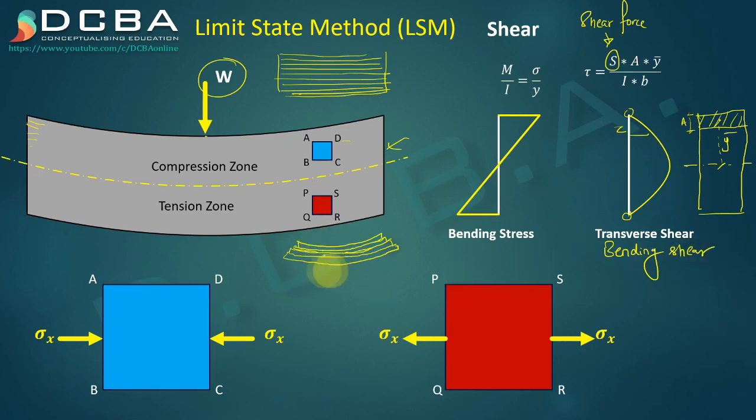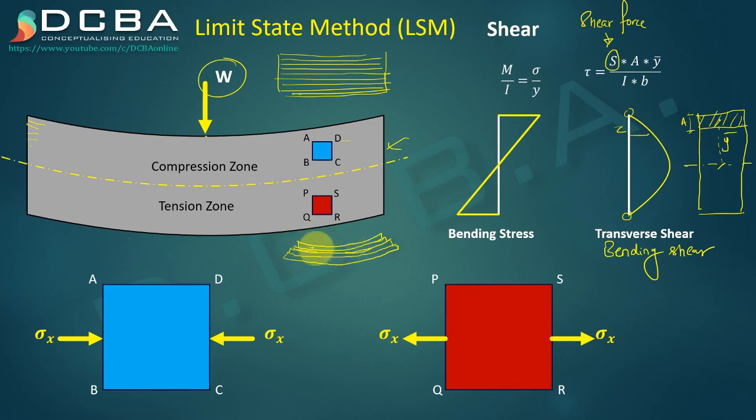So during bending, these layers elongate with respect to each other, and there is some shear generated in between them, that is called the transverse shear. If you see that at the top there is nothing to produce any transverse shear, there is no layer above this, right?